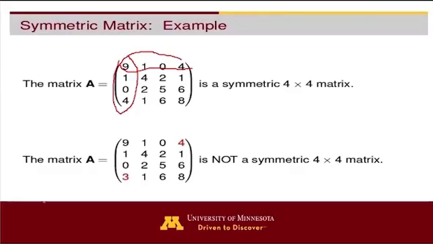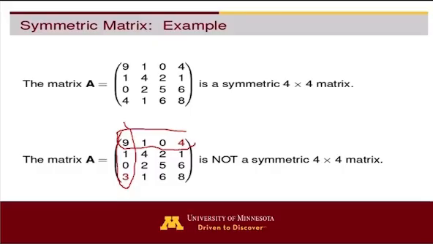But look at this one here: 9104, but this is 9103. That's not symmetric. Does that make sense? That's how to know. So this is an example of a 4 by 4 matrix. One is symmetric, the other one is not.